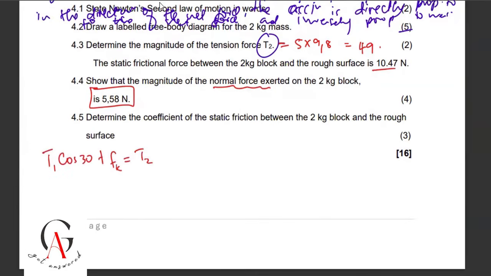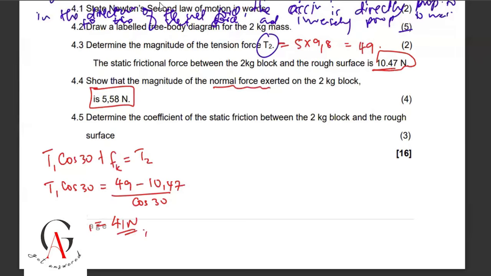So T1 cos of 30 is equivalent to T2, which is 49, minus kinetic friction, not static friction, which is 10,47. Then I divide by the cos of 30 to get T1. So 49 minus that, we get 38, something. When I divide by the cos of 30, I end up with just 41 newtons.